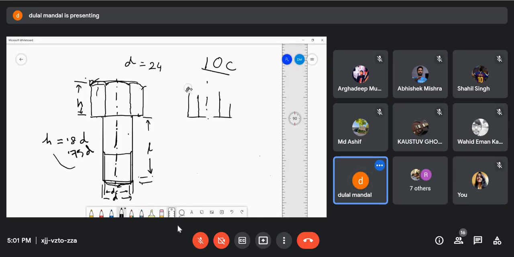Clear? So you cannot mix up both of them in the same drawing. If you use it, then it will be a mistake. And over dimensioning, that means in the elevation you are using the dimension, also in the plan you are using the dimension, that is also a mistake. Okay, clear?